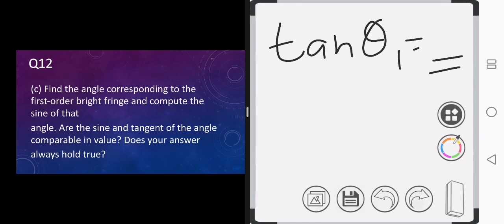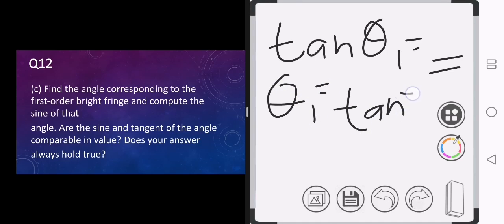Now you need to find the angle. So you find your theta 1 by using the inverse tangent. So what's the angle?